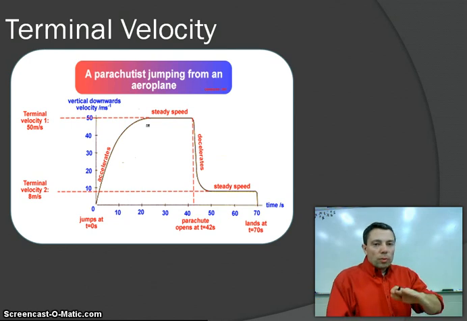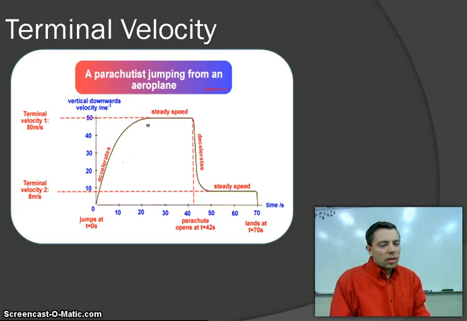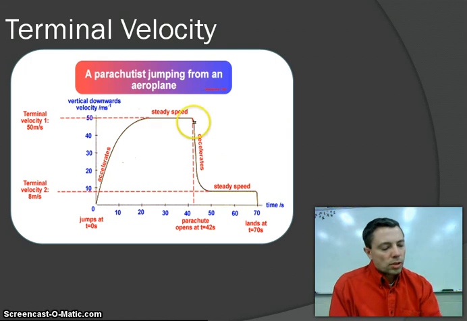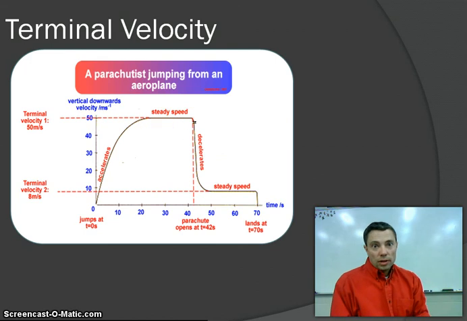We get to that point where we balance out. It happens in about the first 5 to 10 seconds that you achieve terminal velocity. I believe it's like 120 miles per hour. But then you fall for a while, so we cover some distance, and again, we could figure out our displacement by the area under the curve here.